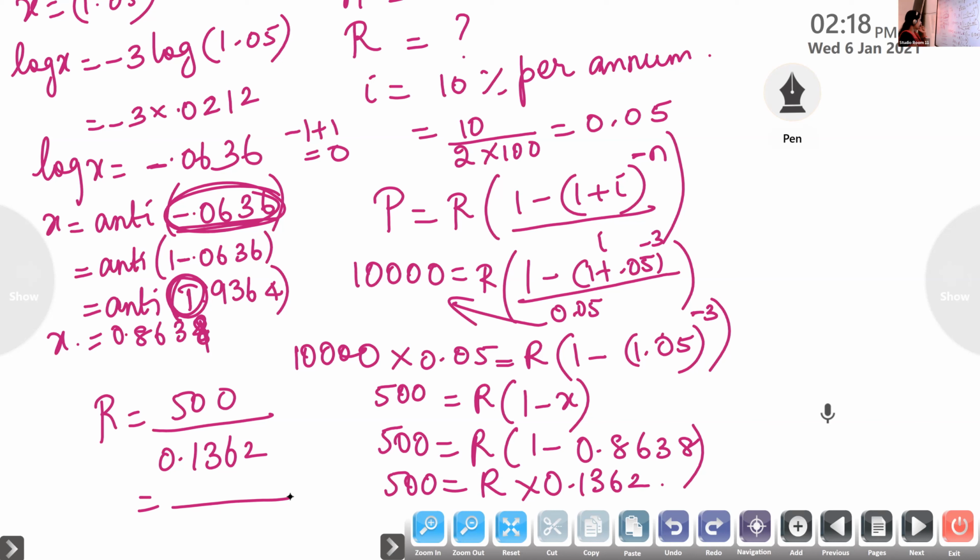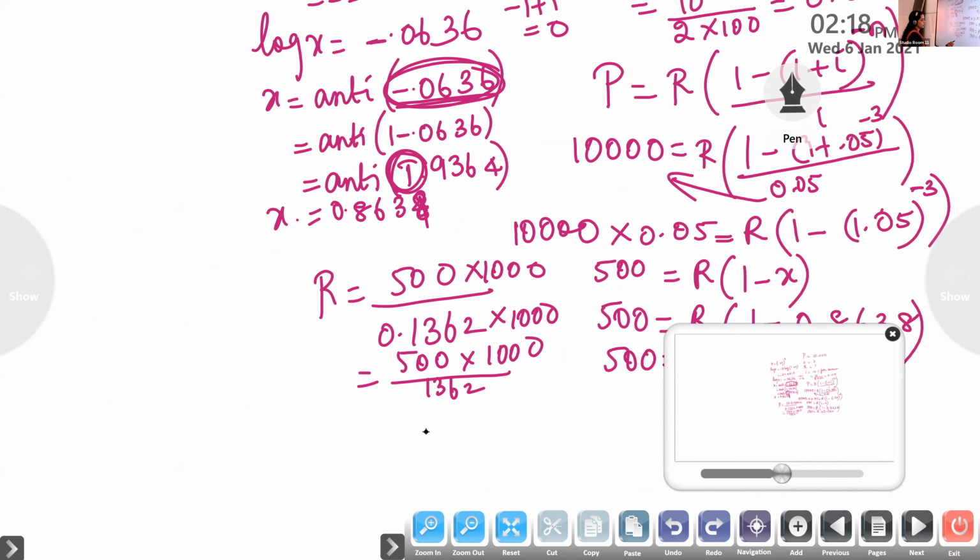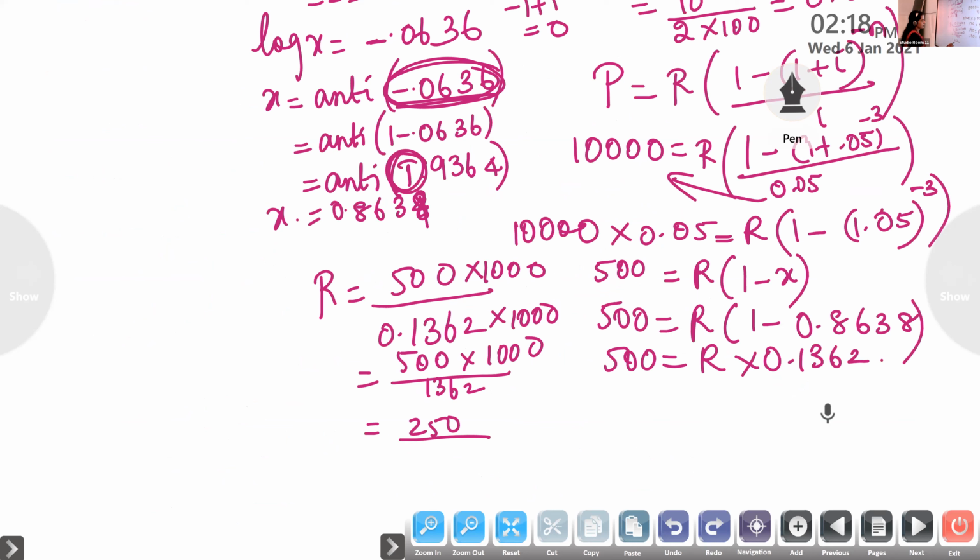So 500 divided by 0.1362. What we can do is multiply by 1000. So 500 into 1000 divided by 1362, isn't it? Then you can cut it short and simplify. So it is 250 into 1000 by 681. Now you can find the answer.